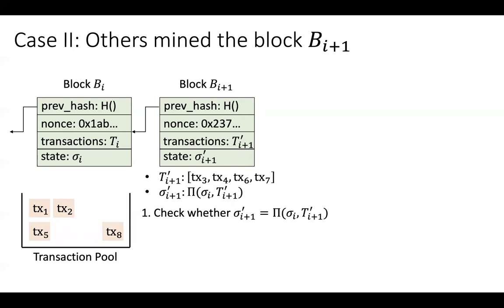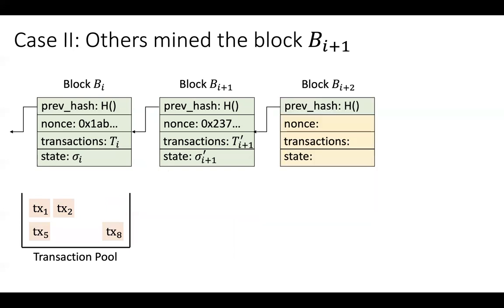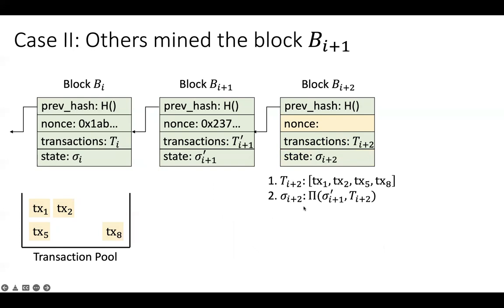After accepting the block, the miner deletes the corresponding transactions from the transaction pool and then proceeds to create the new block at height i+2. For that, the miner picks a new set of transactions, tx1, tx2, tx5, tx8, computes the updated state, sigma i+2, and then starts proof of work.